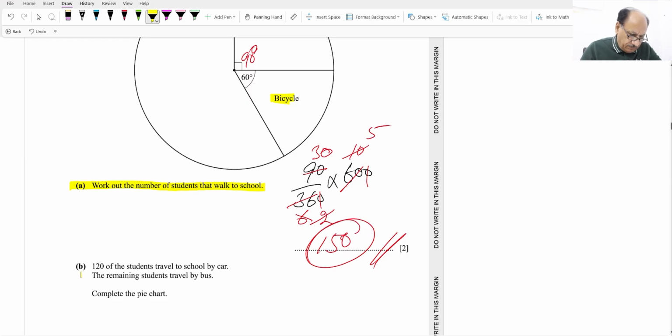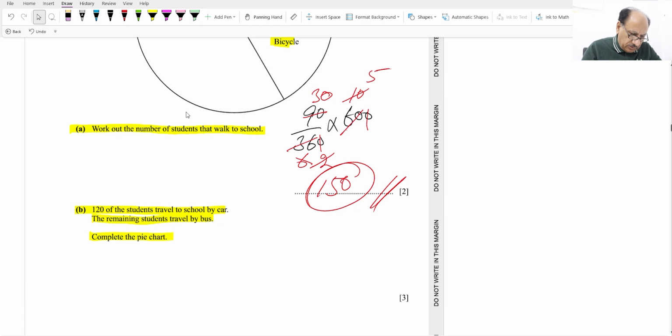Now for the B part, 120 of the students travel to school by car. The remaining students travel by bus. Complete the pie chart. So 120 are basically traveling by car. 360 is the angle of the pie chart, and the total number of students is 600.